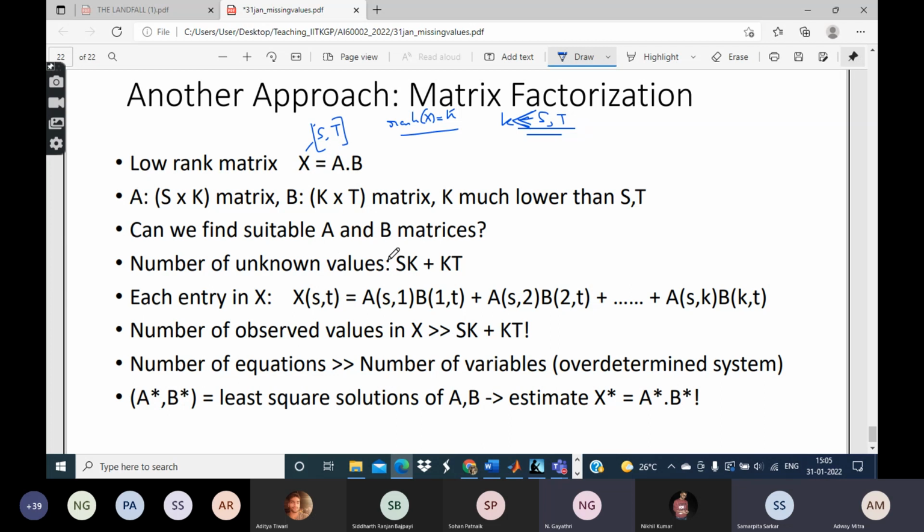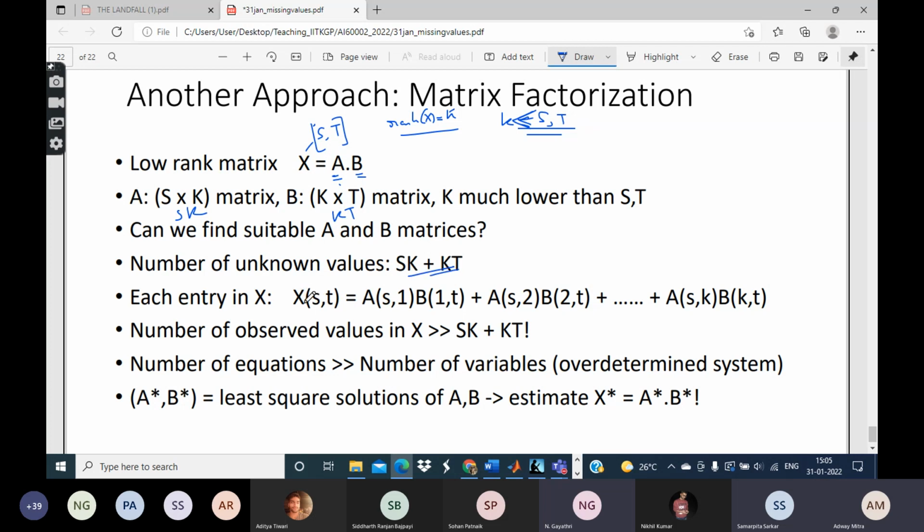There are obviously SK plus KT unknown quantities here. You do not know any of the elements of A or any of the elements in B. How many elements are in A? Obviously SK. Similarly, in B there are KT unknowns.